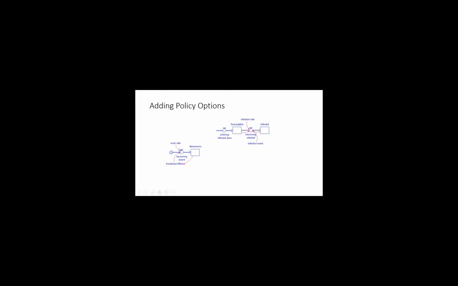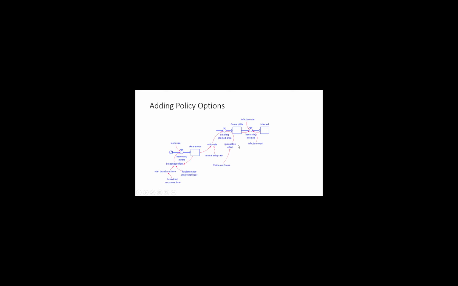And that broadcast effect is multiplied by some word of mouth, people talking to other people. And the broadcast effect also, there's a certain time they start doing this, and that's a response time. So the response time is one of our policy levers we'll see in a minute. And the awareness of this infection is hopefully going to slow down those people entering that area.